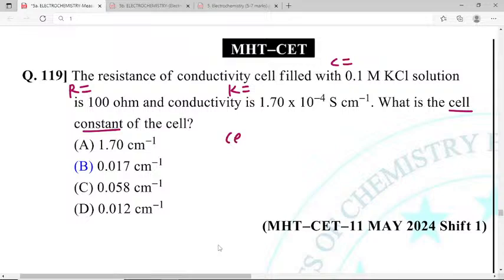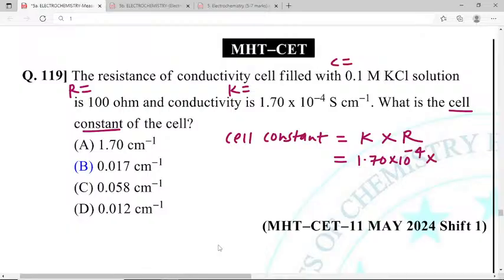So cell constant is equal to K into R. So what is the value for K? 1.70 10 to power minus 4. Resistance 100. So 0.017.